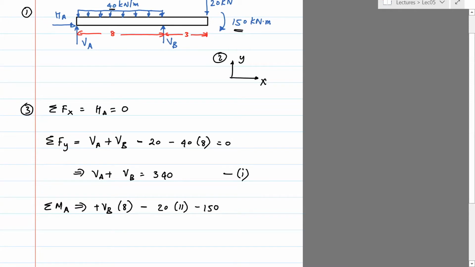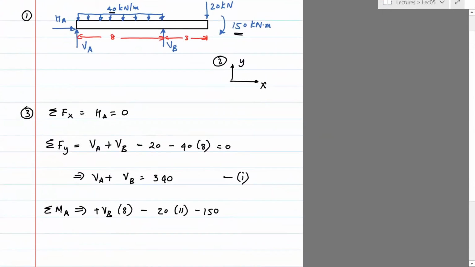Now, the way this works is, assuming this load is uniformly distributed, you can assume that the net force, in this case 40 times 8, which is 320, acts at the midpoint over which that force is acting.